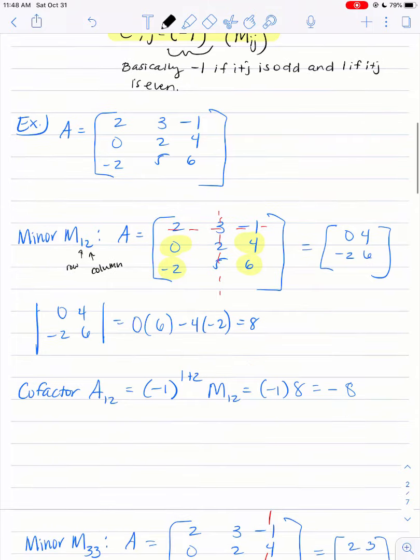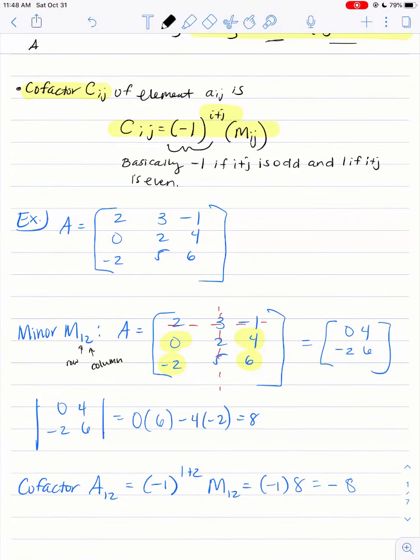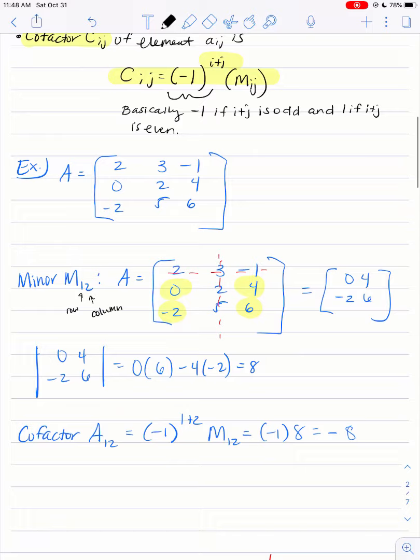If I find the determinant of Mij, that's 0, 4, -2, 6. So I'm going to find the determinant: 0 times 6, minus 4 times -2, equals 8. Okay, so my cofactor now is going to be -1 to the 1 plus 2 power, times M12.